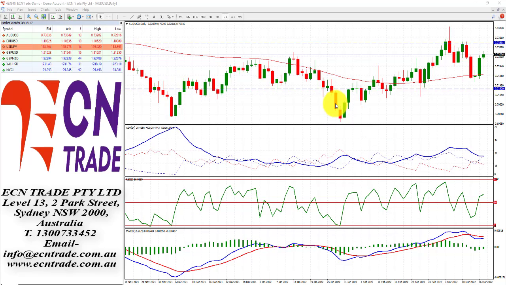Also today we've got fresh numbers from the Australian Bureau of Statistics after the Australian unemployment rate fell to a 13.5-year low as the numbers came in better than forecast.